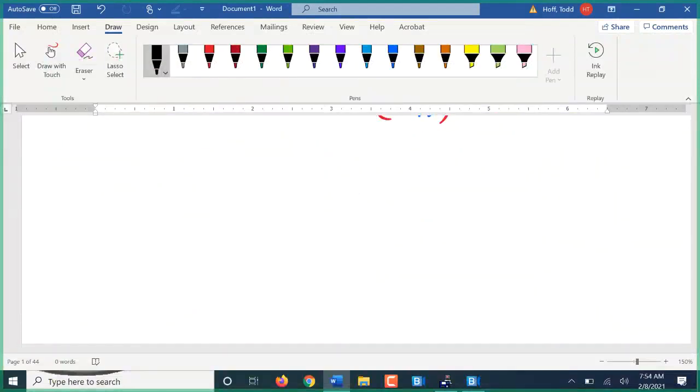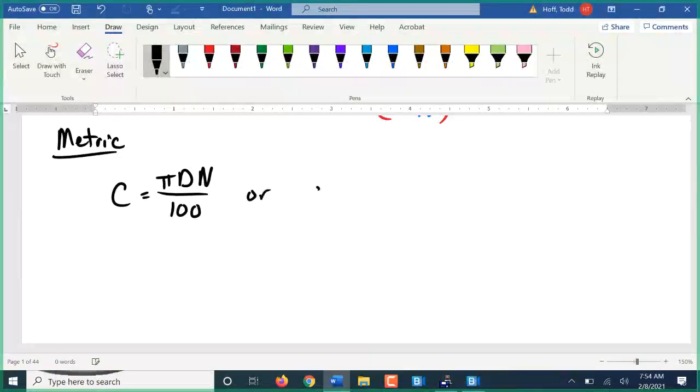We're dealing with metric. In metric, our surface cutting speed is pi times diameter times the number of RPMs, but it's over 100. Or pi times diameter times RPMs over 1,000.